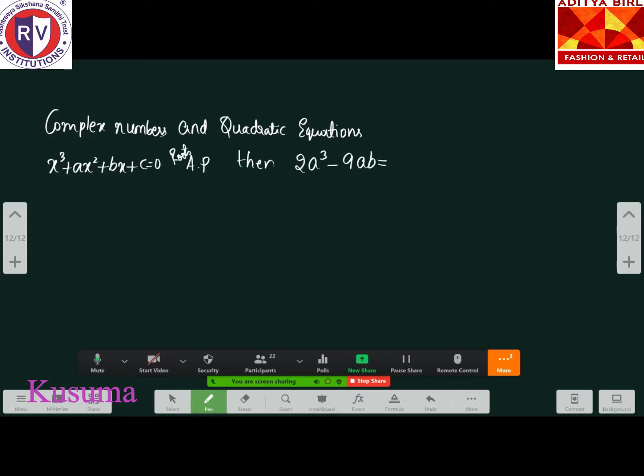Then we have to find out the value of 2a cube minus 9ab. So the options are option A is 9c, option B is 18c, option C is 27c, and option D is minus 27c.